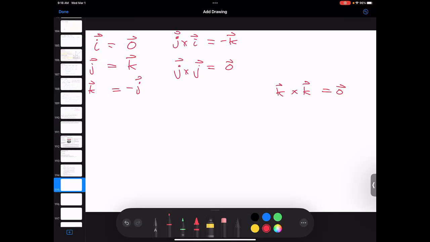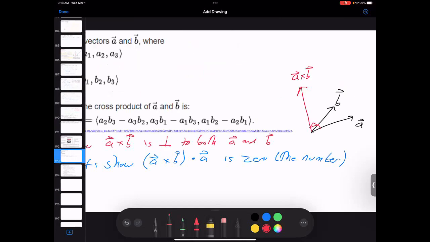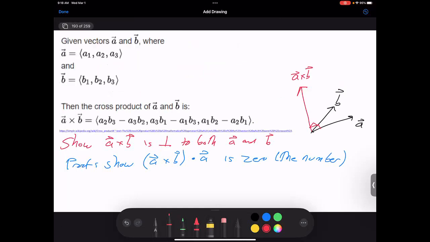And we can go back and check the definition. If we do I cross K, so we can do this as an example, I cross K is going to be 1, 0, 0 cross 0, 0, 1. So the first component is A2, B3.